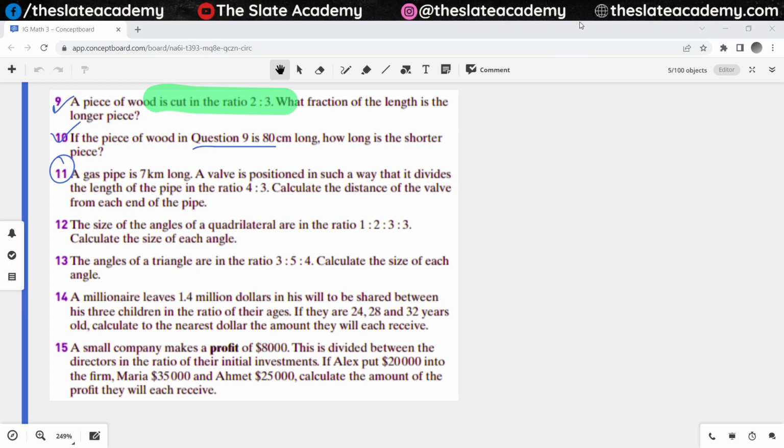In all the questions of ratio, we are distributing some quantity, some given value in some ratio. So in the last one, we had total 7 km, which we were distributing in the ratio of 4:3. What's the thing that we are distributing in this question number 12?